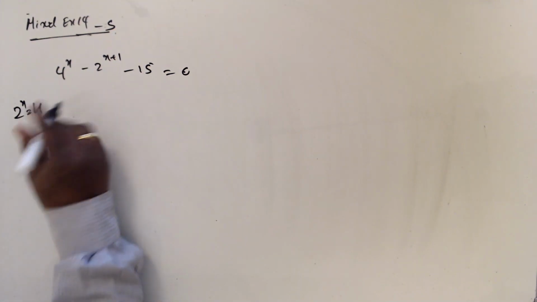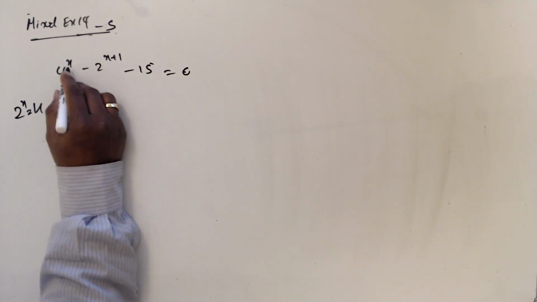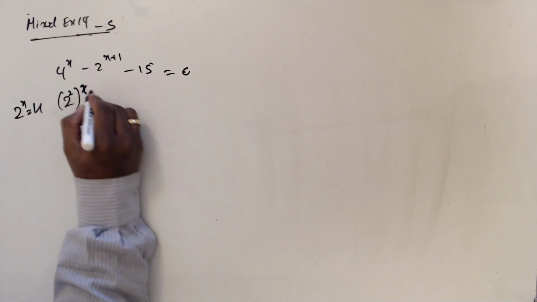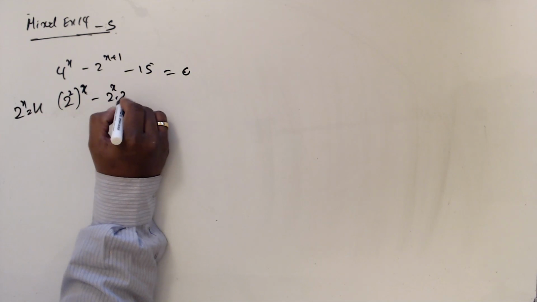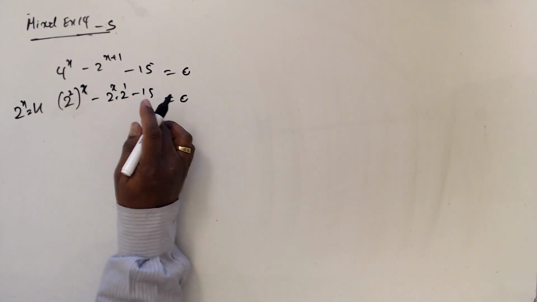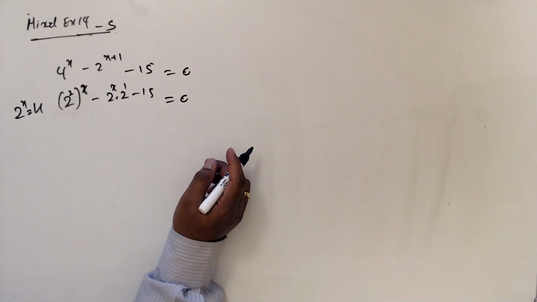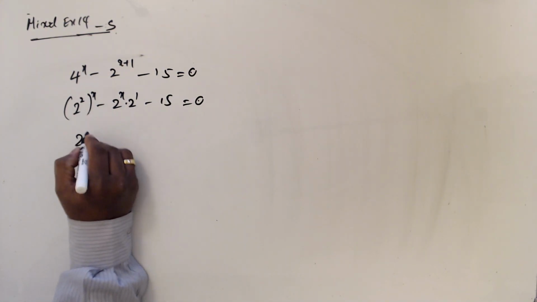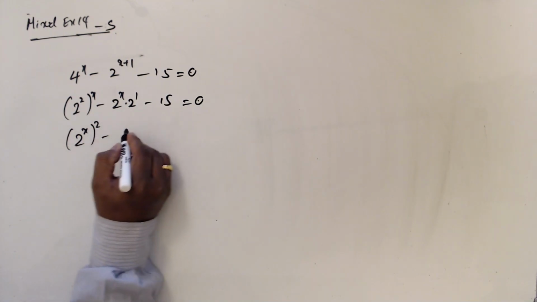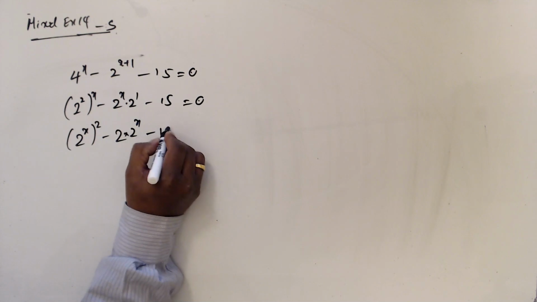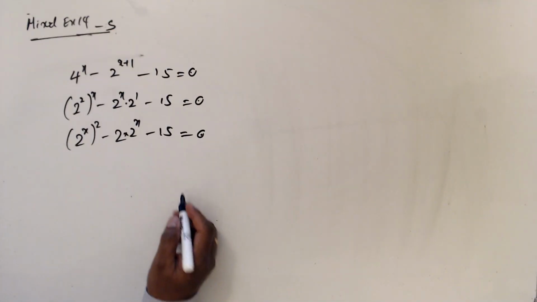Yeah, I'll take 2 steps. 2 to the power, I can write 2 squared to the x. Then this is 2 to the power x times 2 to the power 1 minus 15 equals 0. Now I will switch this one: 2 to the power x squared minus 2 times 2 to the power x minus 15 equals 0.